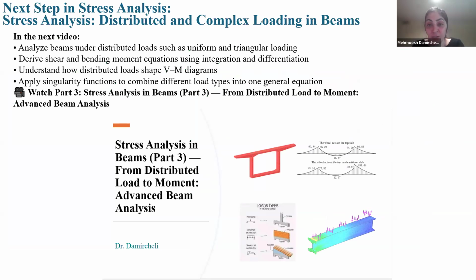This concludes our discussion on beams with concentrated force and moment. We have seen how to apply the cut method, using equilibrium equations or EOE, and interpret discontinuities in shear and bending moment. You have seen that we have a discontinuity in the shear diagram as soon as we reach concentrated loads, and we have discontinuities in bending moment as we reach concentrated moments.